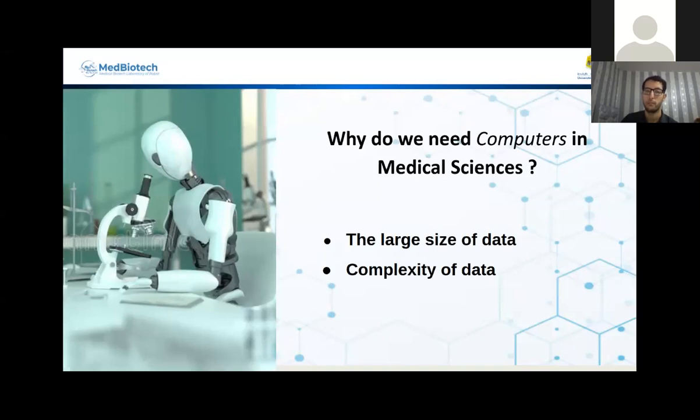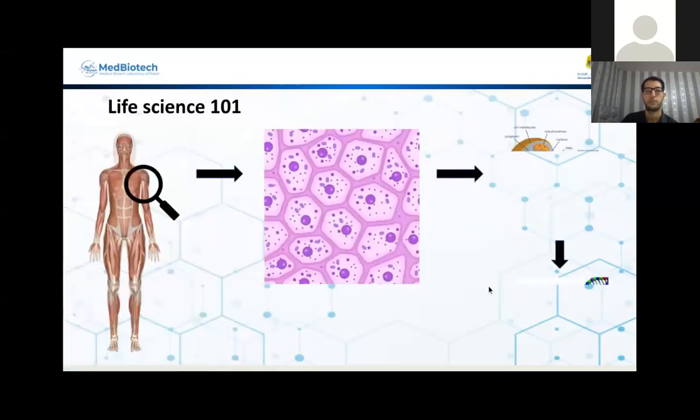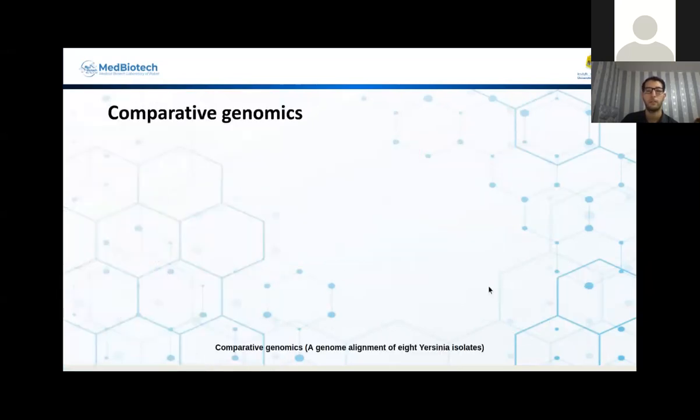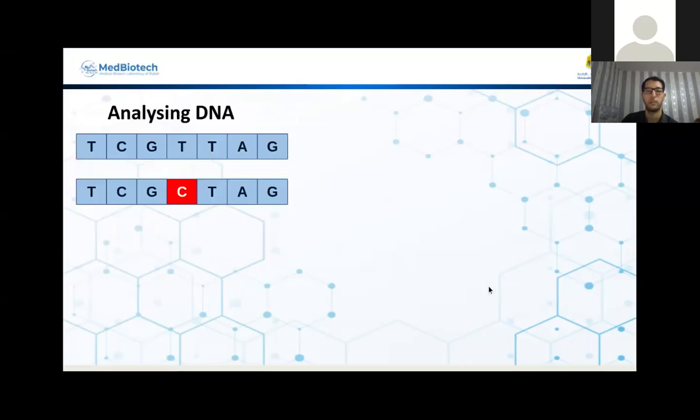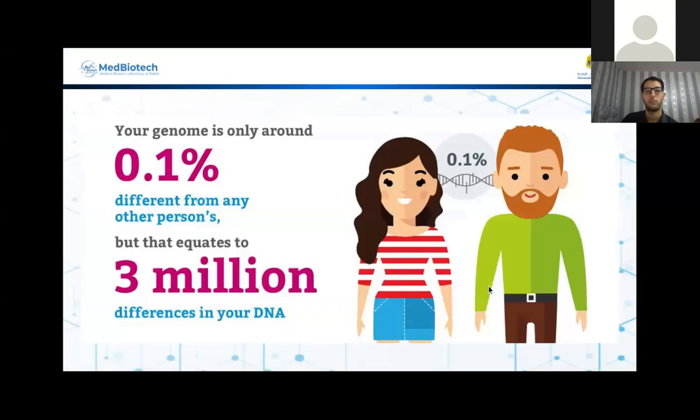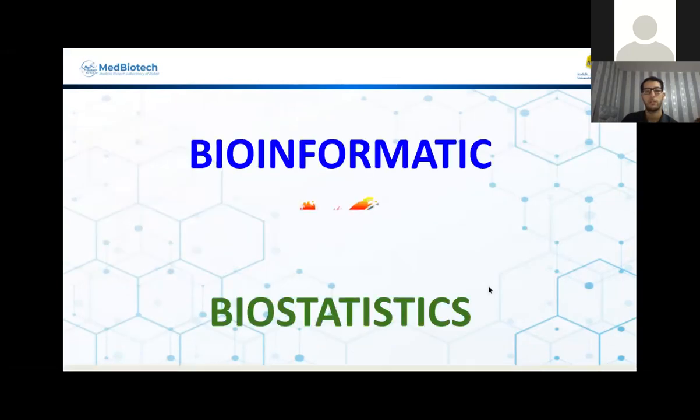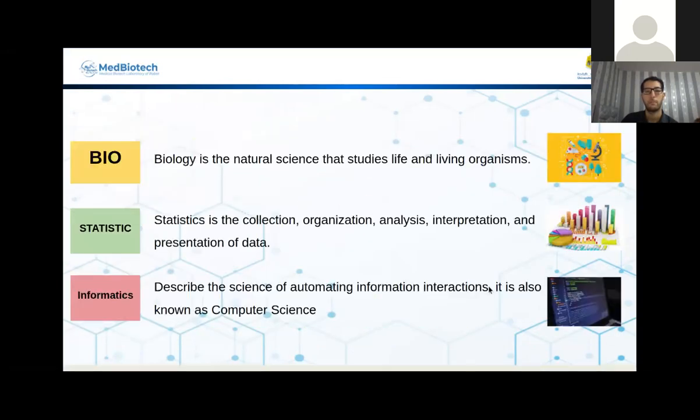So we need computers to make the analysis and the processing automatic. We will avoid human errors, and we will gain lots of time and human resources. This was just an introduction of genomics. We will go back to it if we have time. I will go through this, and I will go directly to our part.